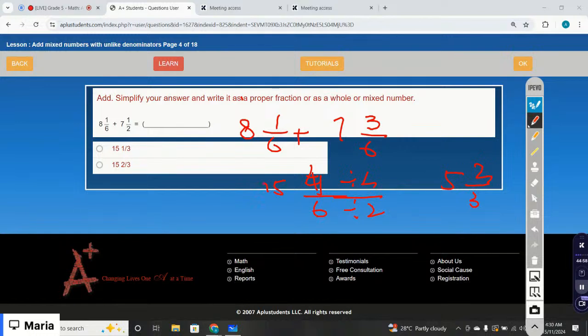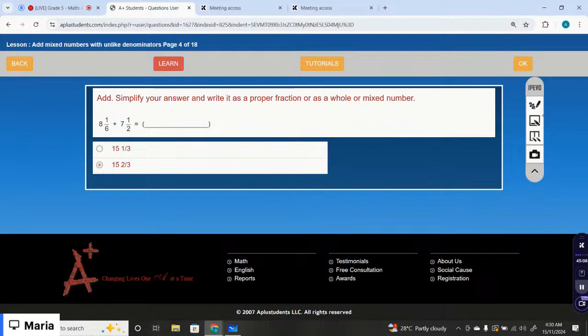So the correct option is option number 2, that is 15 whole 2 over 3.